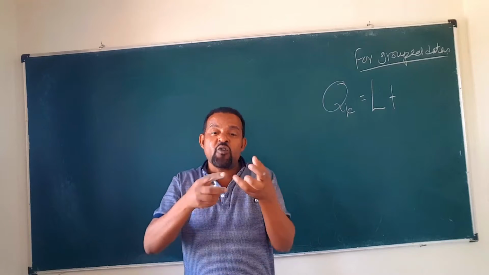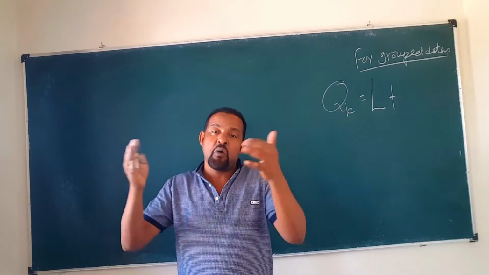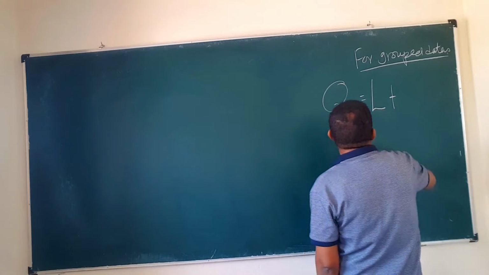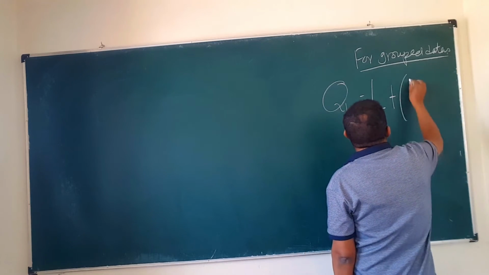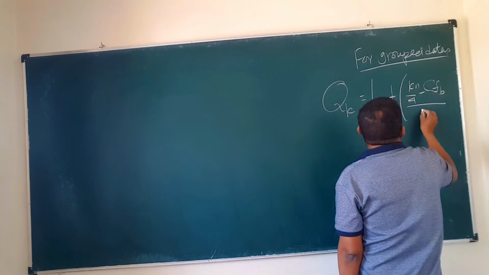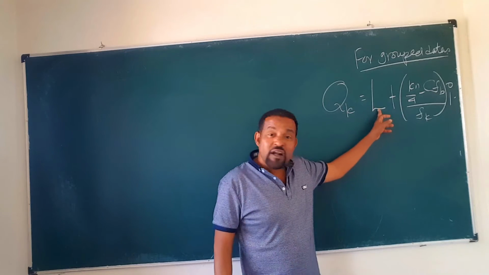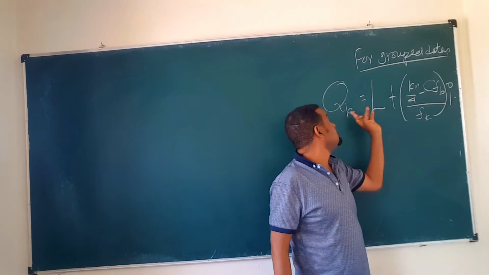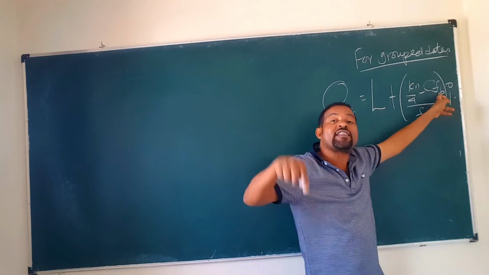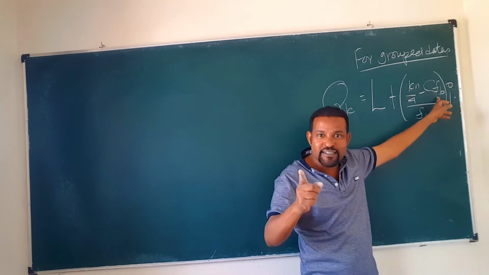A frequency distribution contains the class boundaries and frequencies, then you add the cumulative frequency, summing them up. So Q_k is equal to the lower class boundary of that quartile class, plus (kn over 4 minus CFB) over Fk, times the length of that quartile class. Here k is 1, 2 or 3 over 4, and CFB is the cumulative frequency before the quartile class.